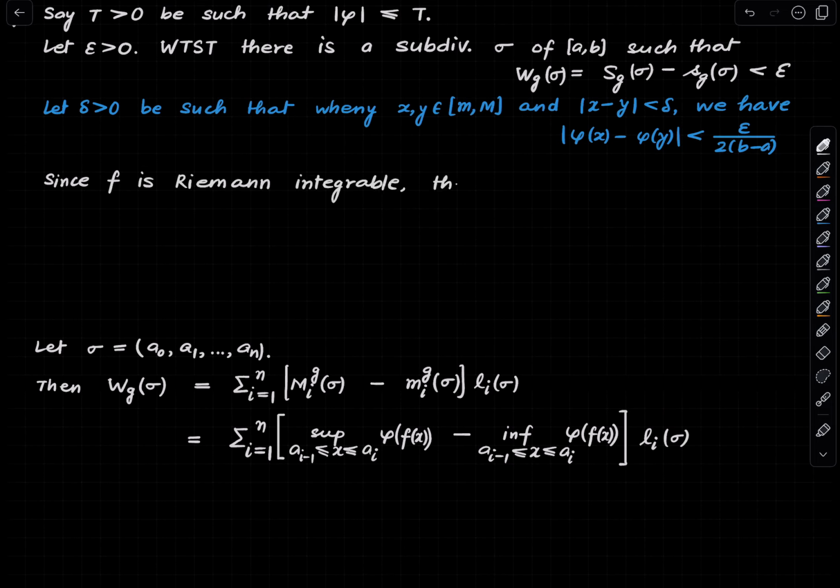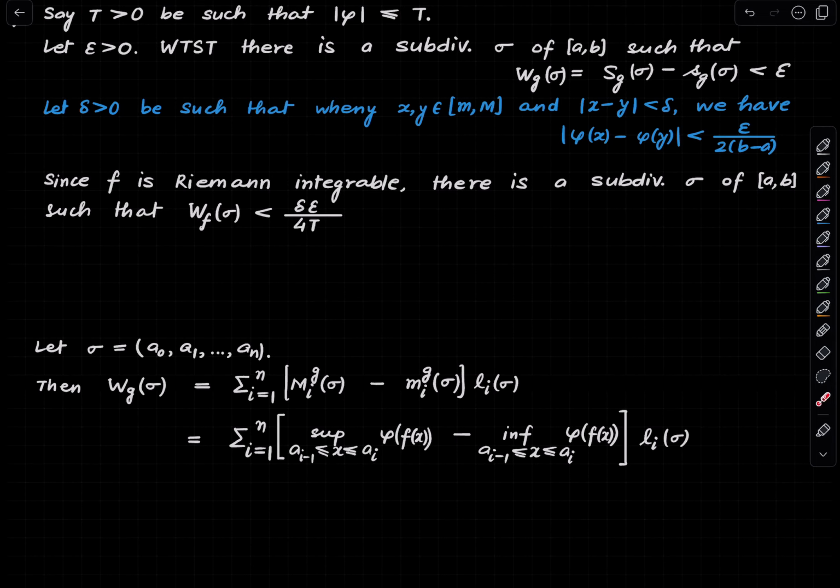We know there is some subdivision sigma of the domain of f such that the oscillation of f corresponding to this subdivision is small, such that this is, well, again, back calculations, this I have written to be delta epsilon by 4 times t.